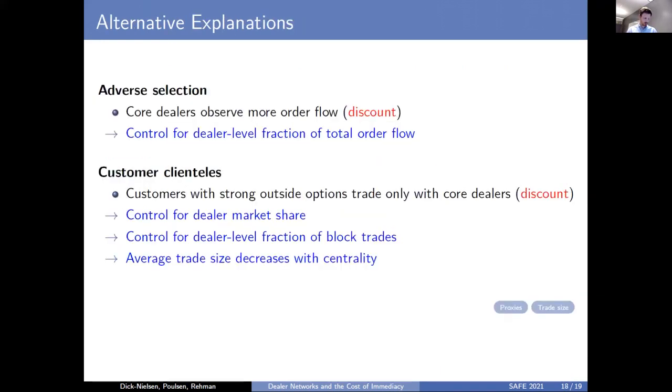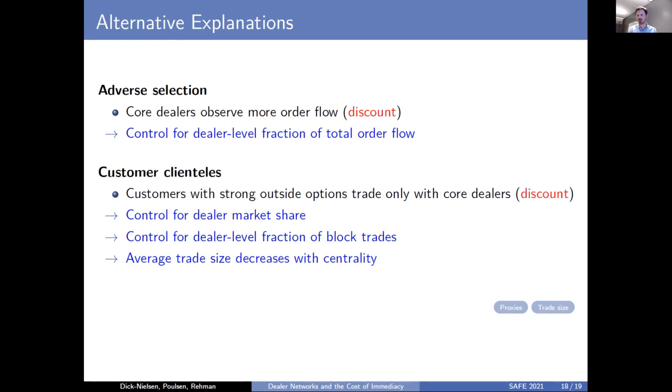As I mentioned before, we also do a number of robustness checks to rule out alternative explanations of the centrality spread. So we call the adverse selection channel is that the core dealers observe more order flow. This allows them to more accurately detect the true value of the underlying security. So in all of our regressions, we have these interacted bond and day fixed effects.